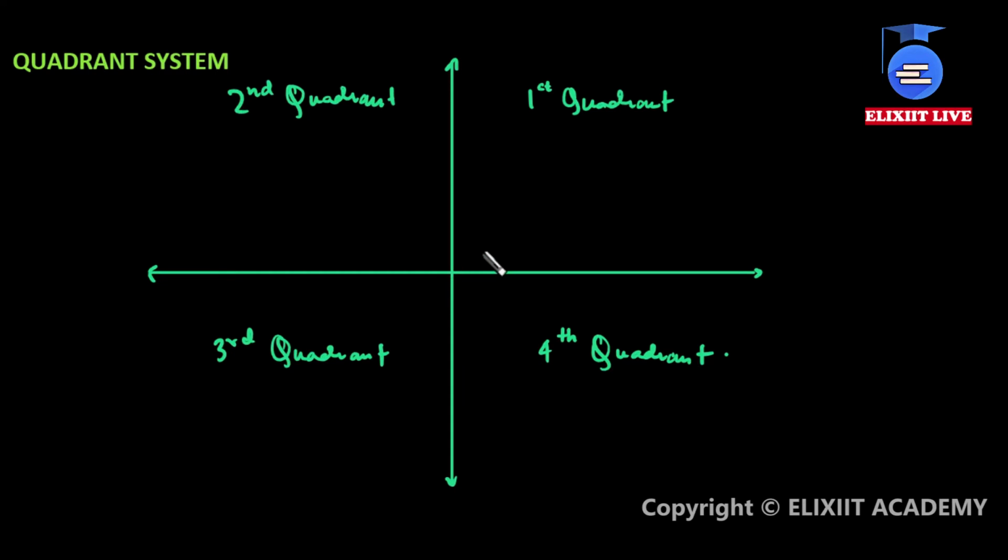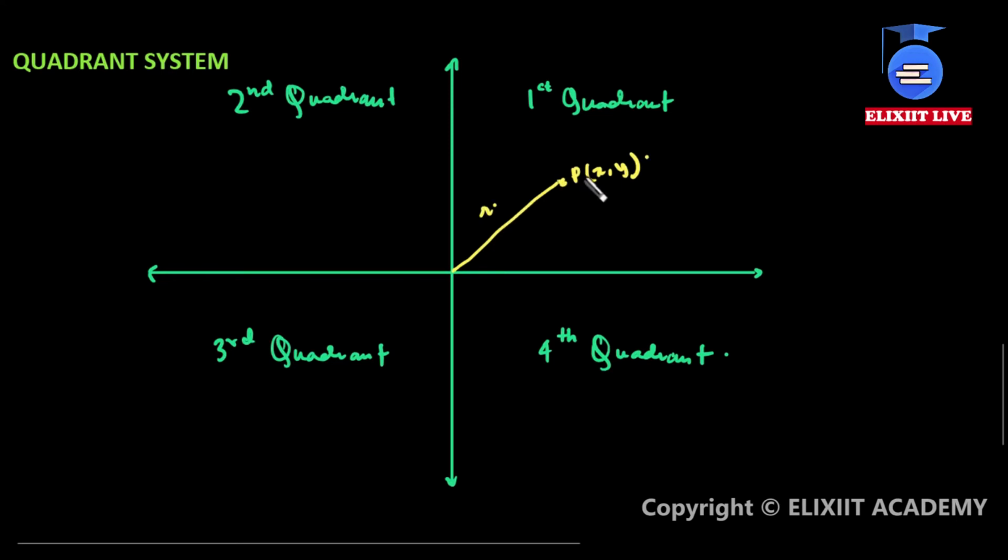Let's come down to the first quadrant. Part by part, in each of these quadrants, we're going to discuss. In the first quadrant, suppose this is point P, with coordinates (x, y), and this distance is R. Suppose this is a unit circle.